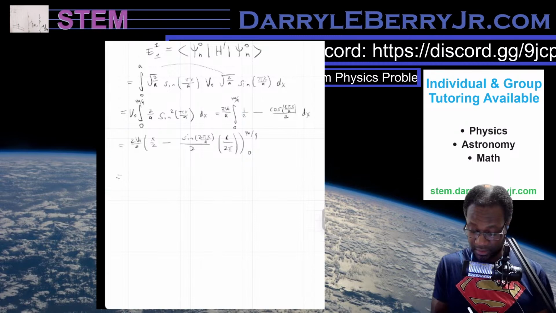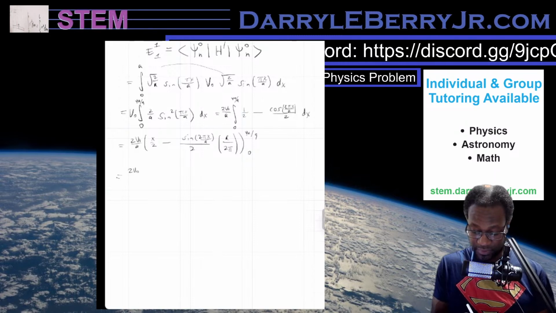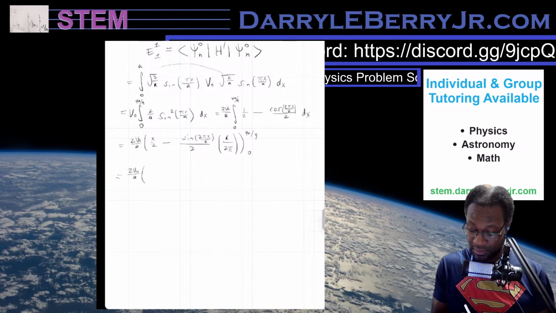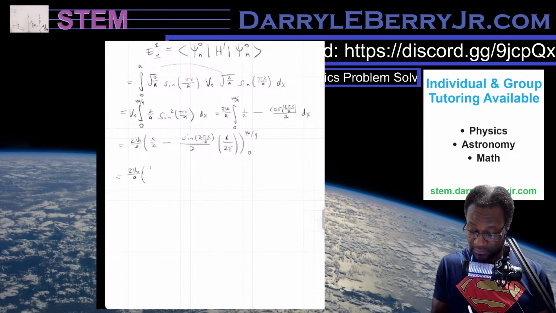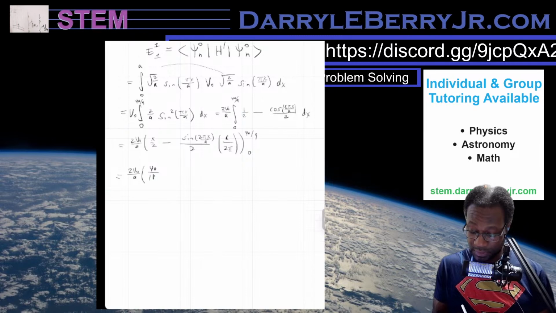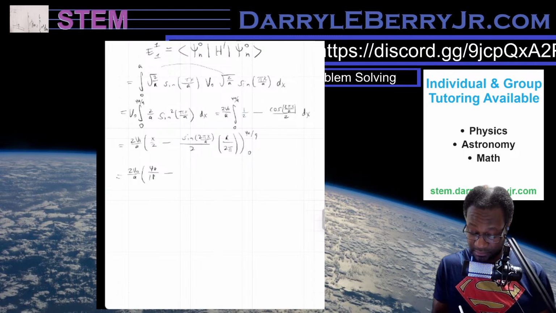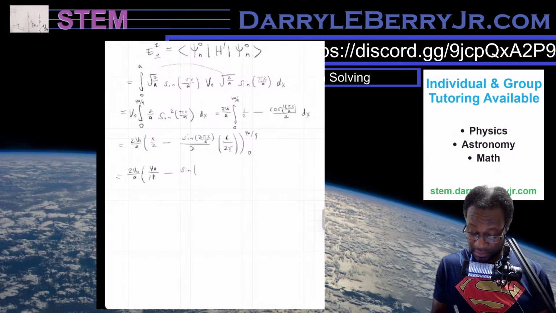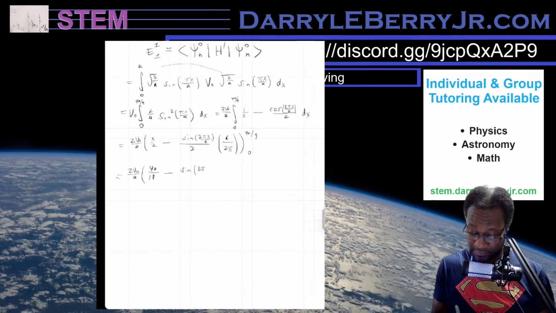So we have 2 V naught over a, and we have 4a over 18 minus sine 2 pi 4a over 9.